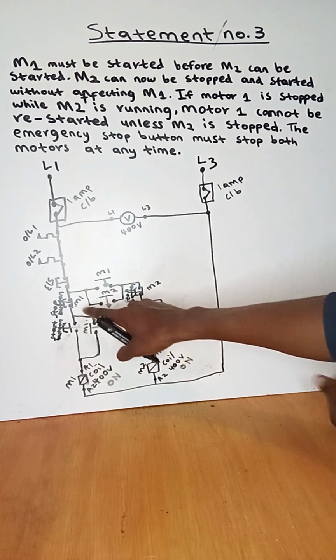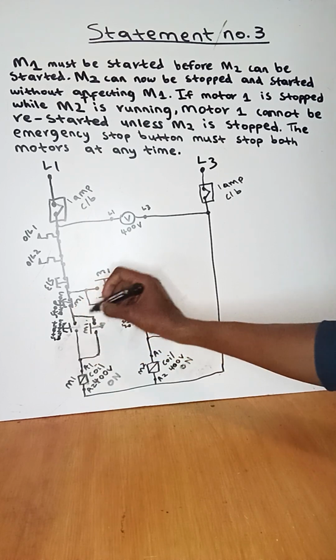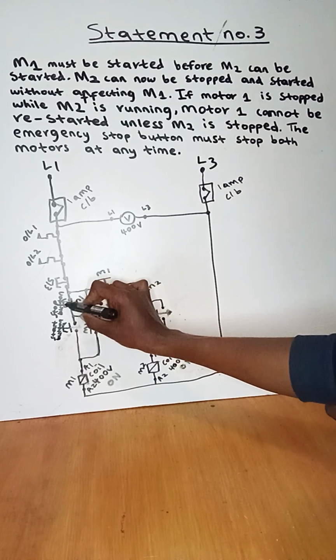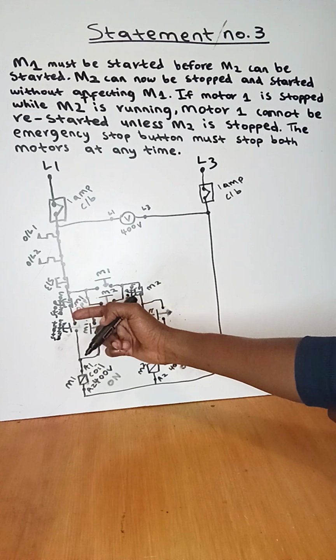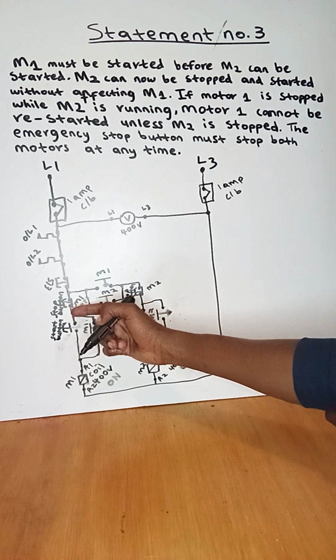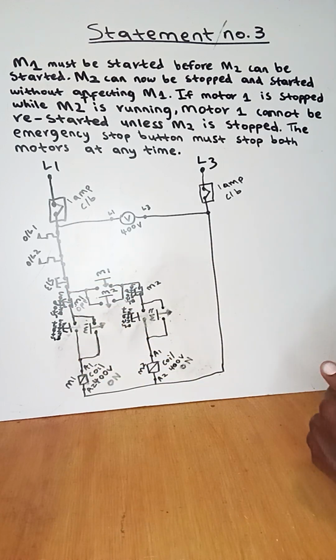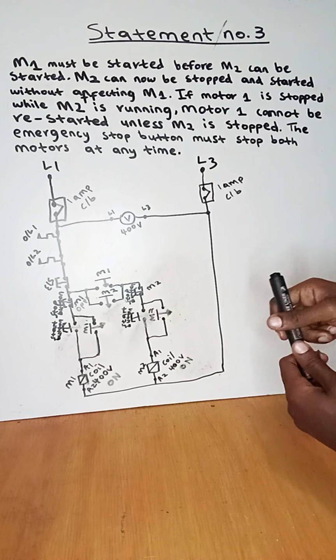I press the stop button of motor 1, which will create an open contact from the stop button of motor 1. And everything after the stop button of motor 1 won't get the live 1 from the supply voltage.